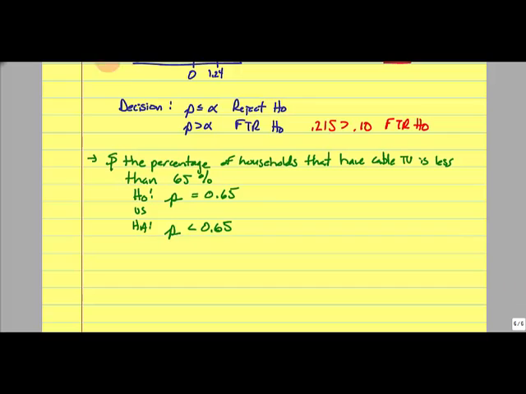So again, I'm looking at the types of error. So let's go ahead and look at type 1 error. Now remember, this is alpha. This is basically the probability of rejecting H0 when H0 is true.